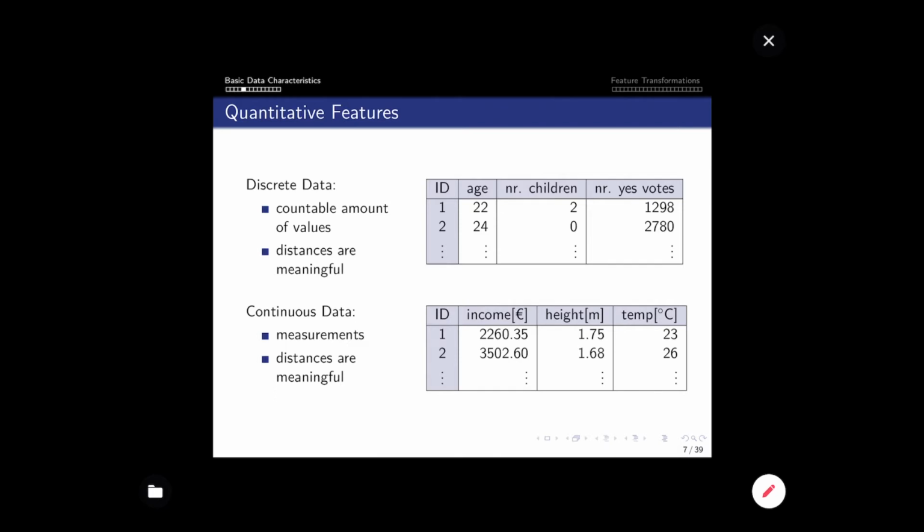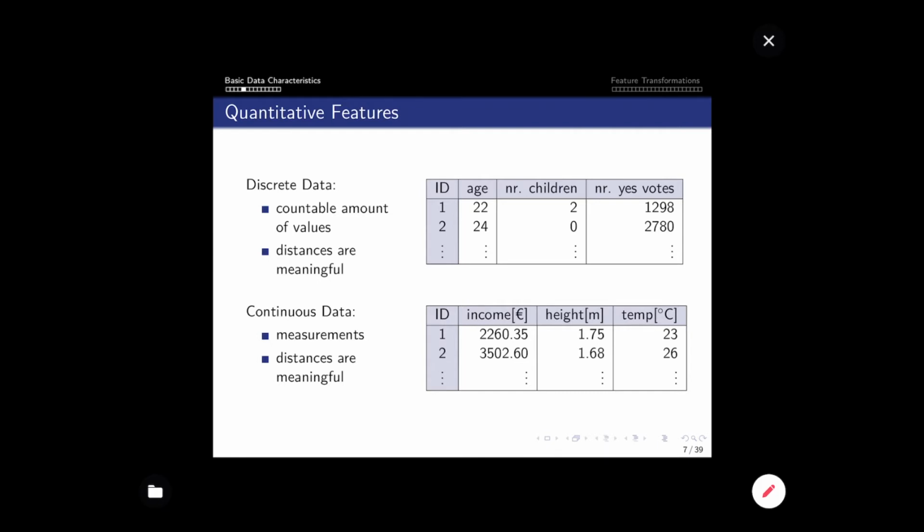So for example, age would be a discrete feature. There you always know that, for example, the distance between being 22 and 23 is exactly 1 year, and this will always be the same. They have well-defined distances, same as with number of children or number of yes votes.